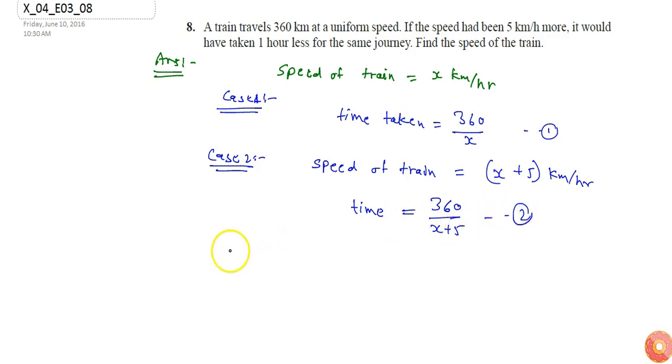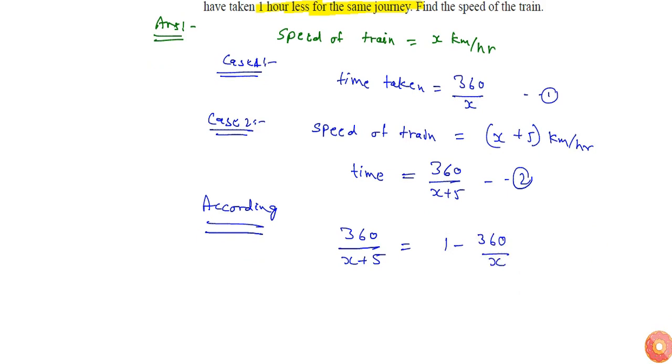Now according to the question, it is given that the time taken would have been 1 hour less for the same journey. That means 360 by x plus 5 equals 360 by x minus 1.